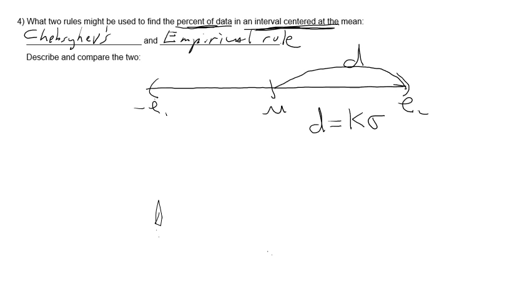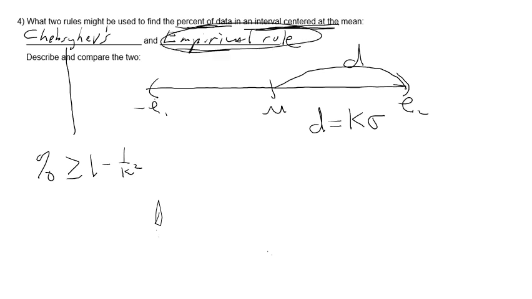Now the value for K is going to be one of 2 things. If you're working with Chebyshev's, the percentage is at least 1 minus 1 over K squared.